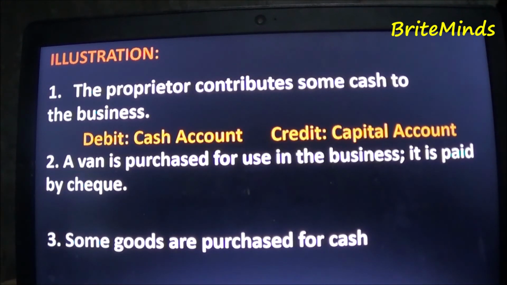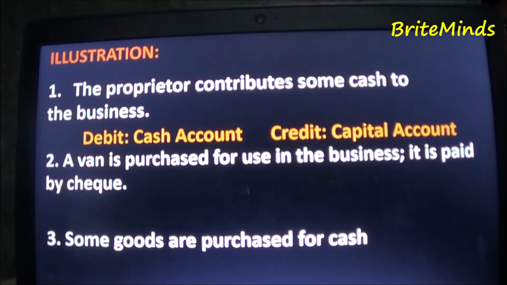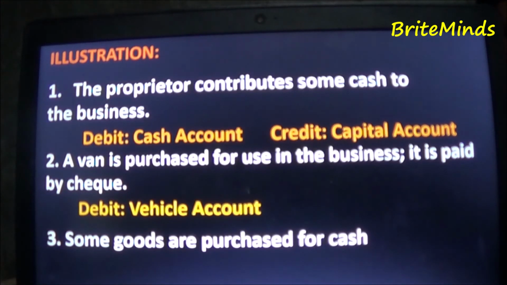Then we go to the second transaction. A van is purchased for use in the business. It is paid by check. So what will be the debit and the credit? The van or the vehicle will be debited, because this is an increase to the assets of the business entity.